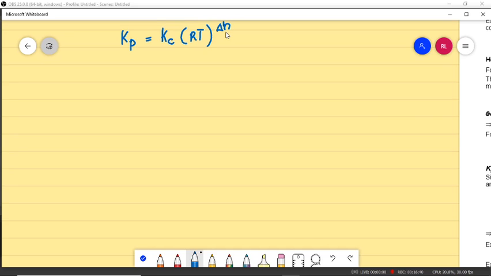Pag sa classroom pa to, I already called a volunteer. Say for example, you have this equation.